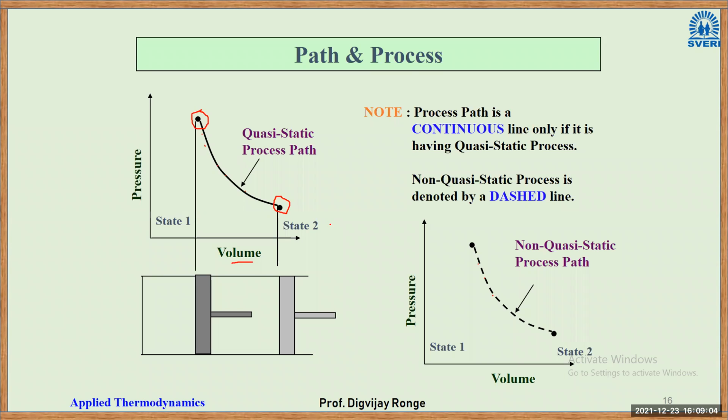I hope you are understanding what quasi-static and non-quasi-static are. If the process is taking too much time to go from state 1 to state 2, we can say it is quasi-static. In technical terms, every state is under equilibrium. If a process is taking place at a fast pace from state 1 to state 2, we can say it is a non-quasi-static process.